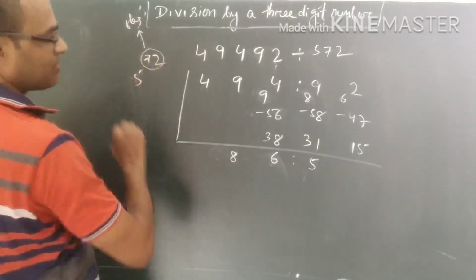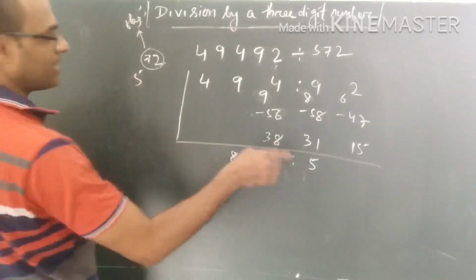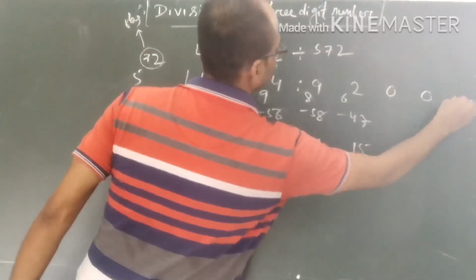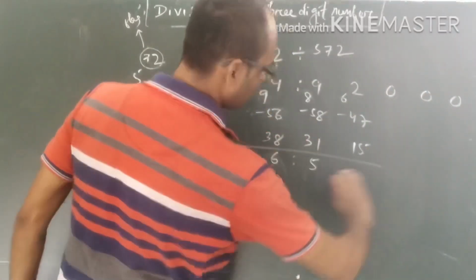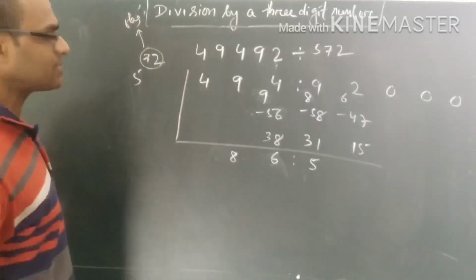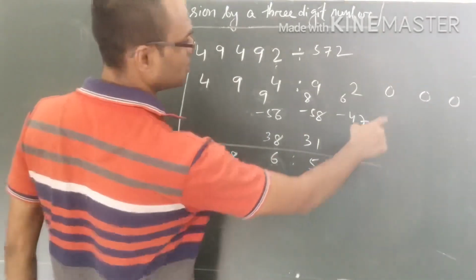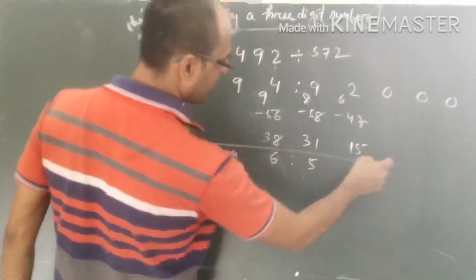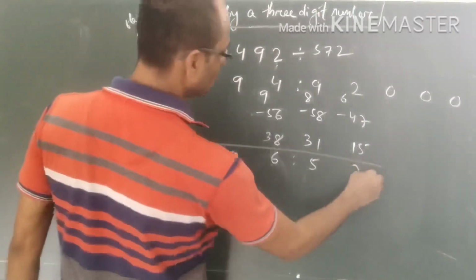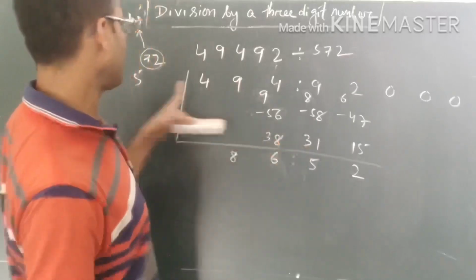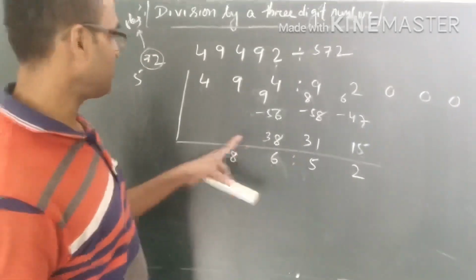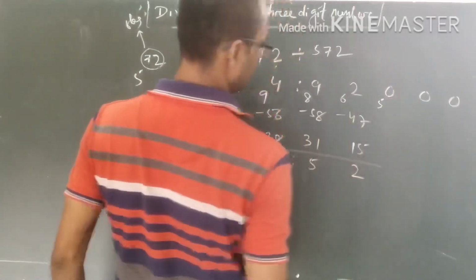Again the same concept. 15 by 5 will be 3. Put a sufficient number of zeros if you want to find more decimal places. If you take 3 as the quotient, 0 will be the remainder. Here you will get negative. That's why you take 2 as the quotient. 15 by 5, 2 as the quotient means the remainder will be 5.